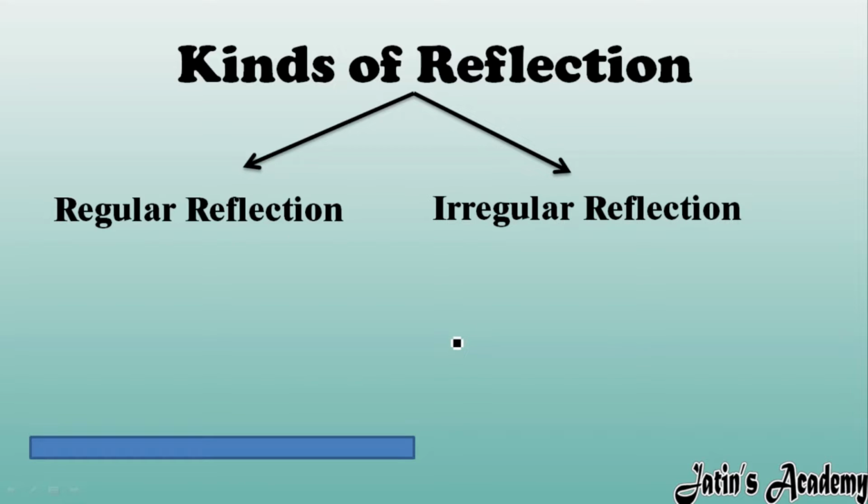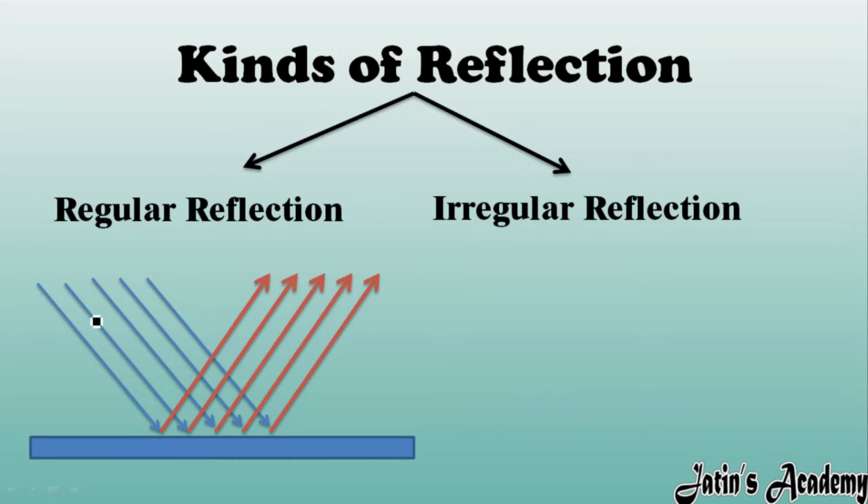See carefully. In a regular reflection, first of all we are having a plain polished surface. Every time in regular reflection, we are having a plain polished surface. On a plain polished surface, a parallel beam of light is going to strike. After striking on the surface, it reflects back in the same parallel way only.